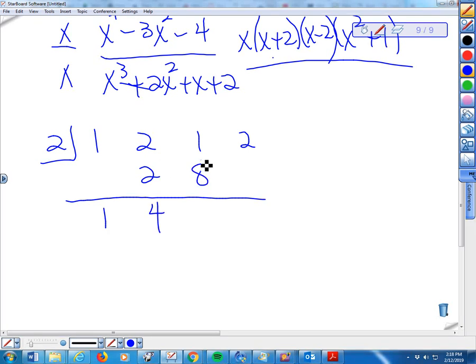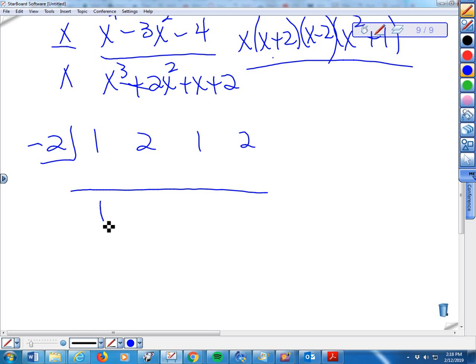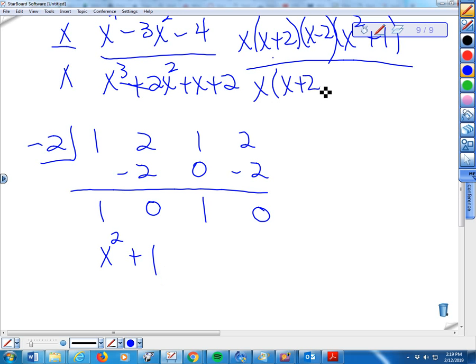Nope. Let's try negative 2. 1, negative 2, 0, 0, 1, negative 2. Yep. X plus 2 is a factor. And what's left? X squared, because it started as x cubed, x squared plus 1. So I have x still, x plus 2, and x squared plus 1.